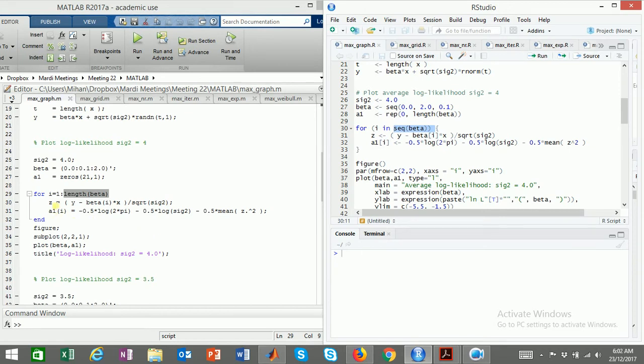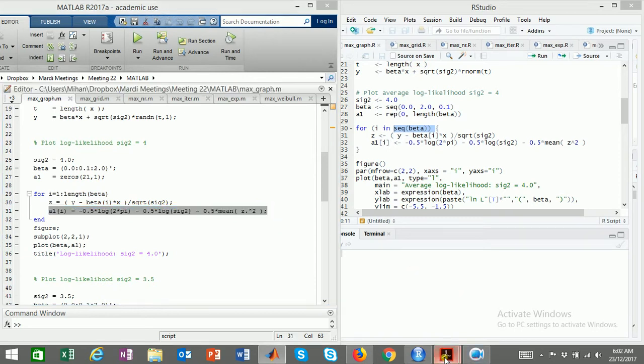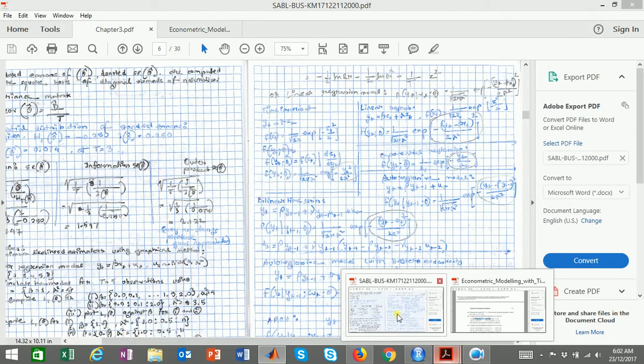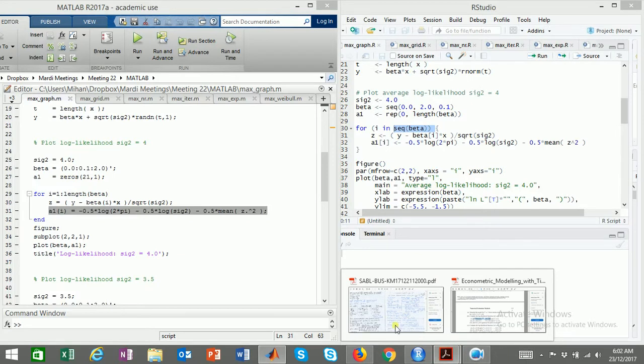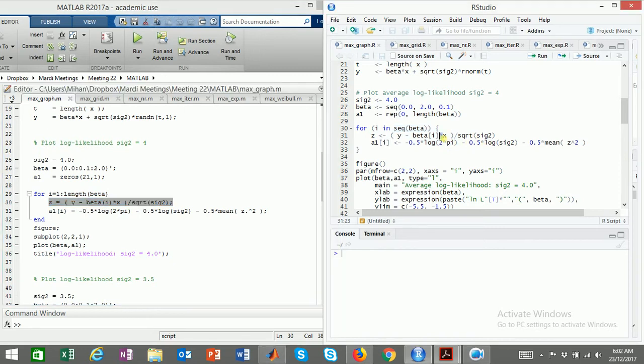And then comes the log likelihood function, isn't it? Yeah, the log likelihood function is simply minus half log twice pi, minus half log sigma square, minus half mean of z square, where z is y minus beta x divided by sigma square. This is the tweaking part where we have the third bracket.